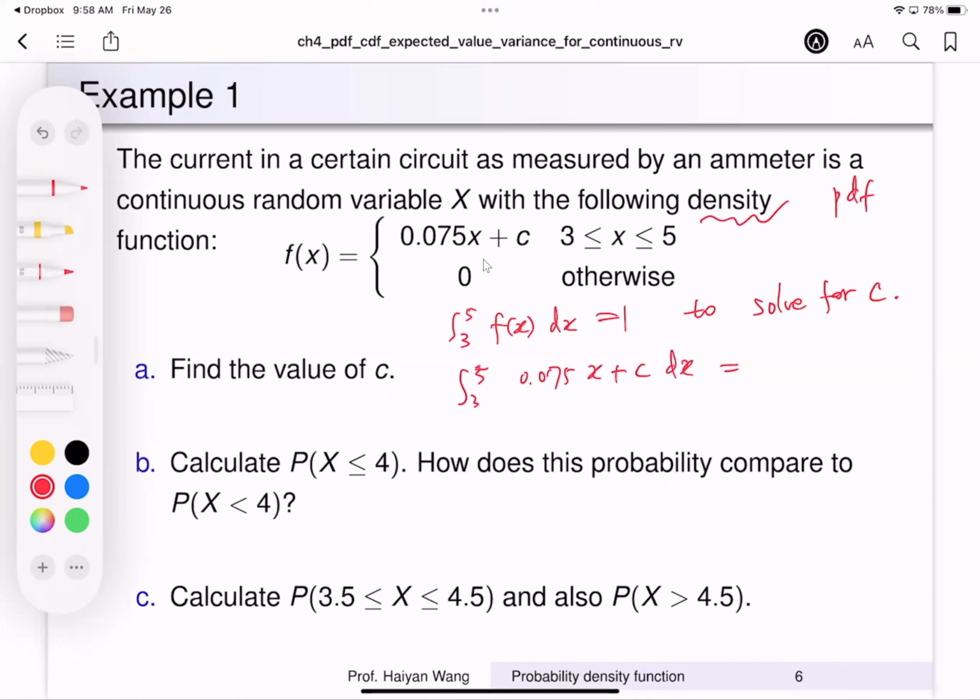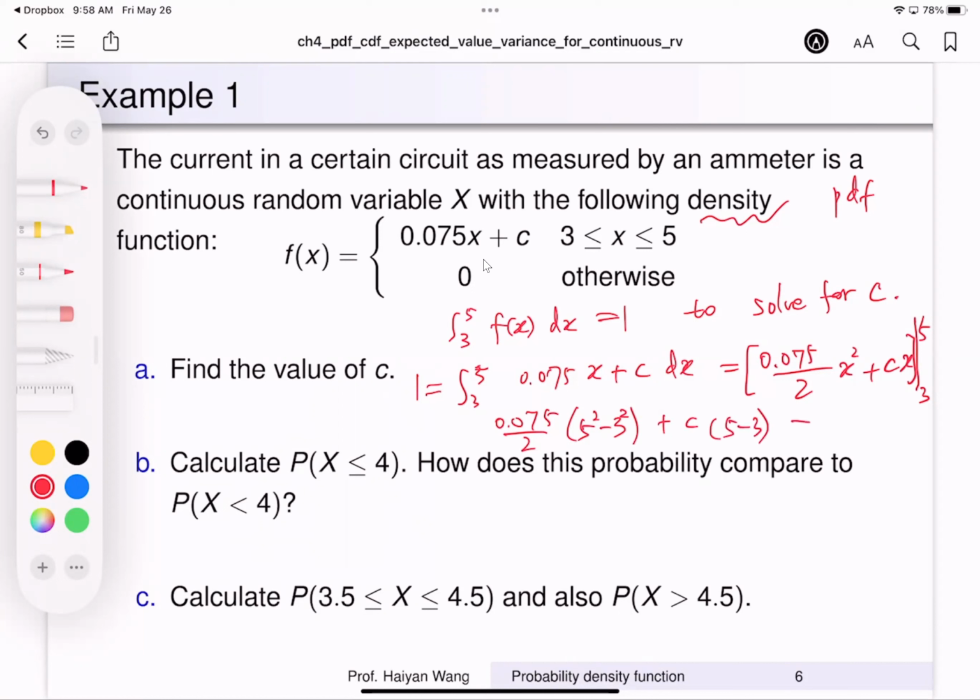The first term will give us 0.075 times half of x squared. The second one is Cx, and these are evaluated from 3 to 5, and that is supposed to equal 1. On the left side, if we evaluate that, we get 0.075 over 2 times 5 squared minus 3 squared, and then the next term would simply be C times 5 minus 3.